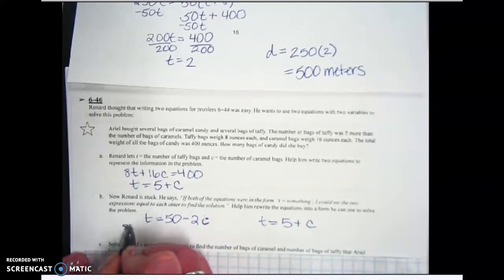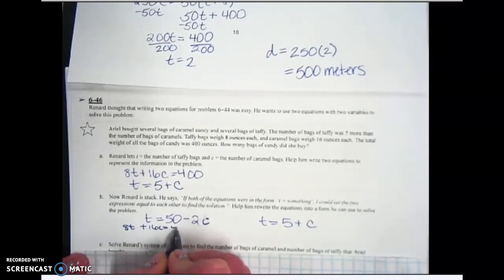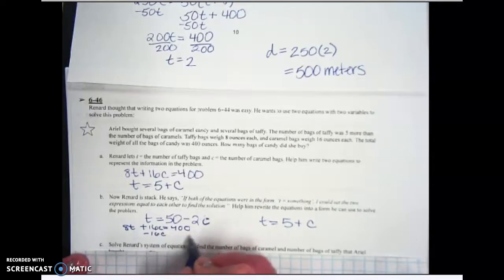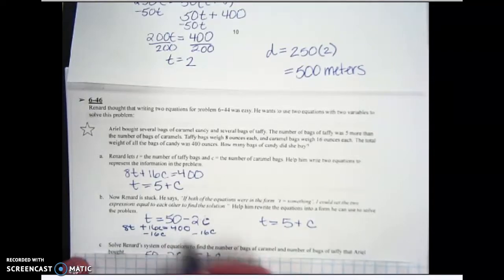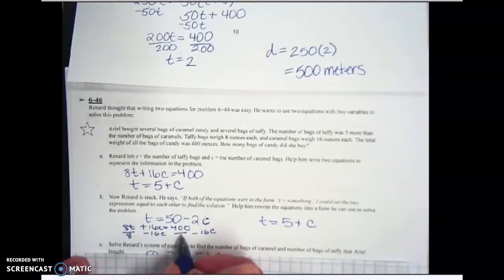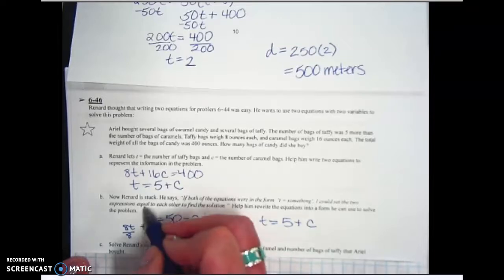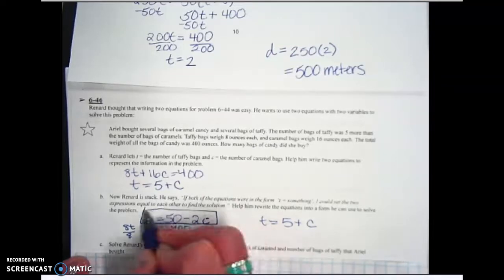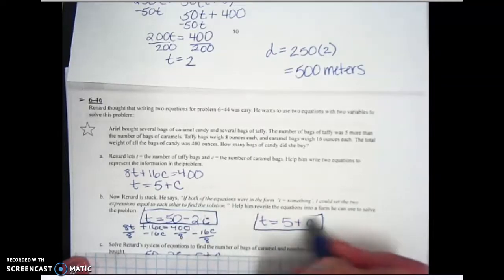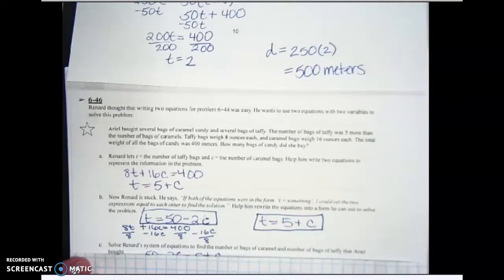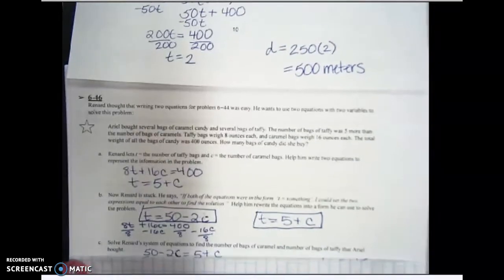So if you start with the 8t plus 16c equals 400, you're going to subtract 16c. Then you're going to divide everything by 8. So when you divide this by 8, you divide this by 8, and you divide this by 8, you get t equals 50 minus 2c, and t equals 5 plus c.